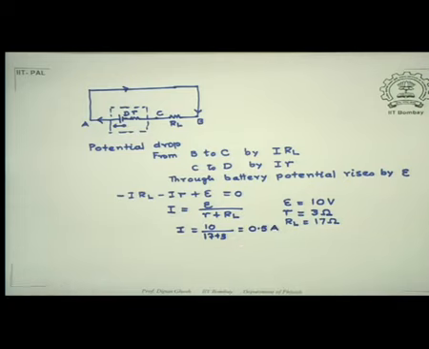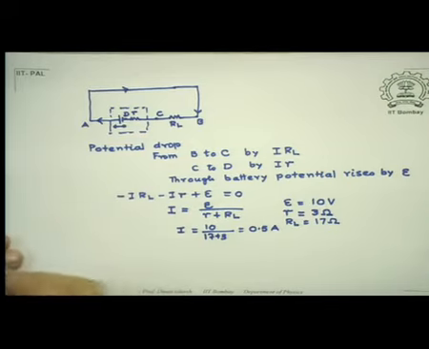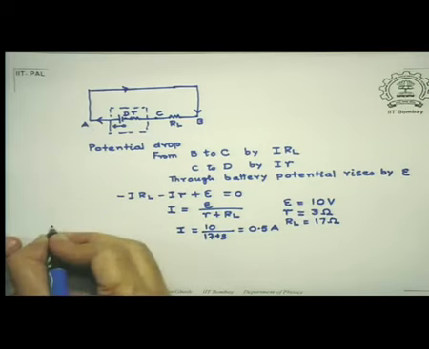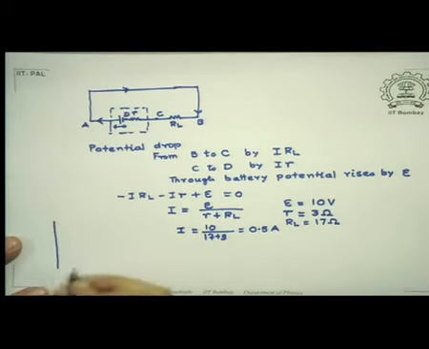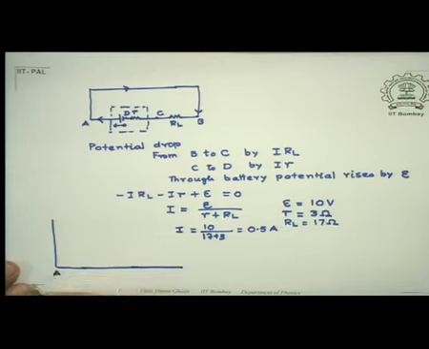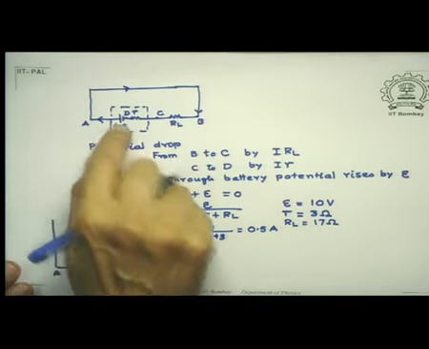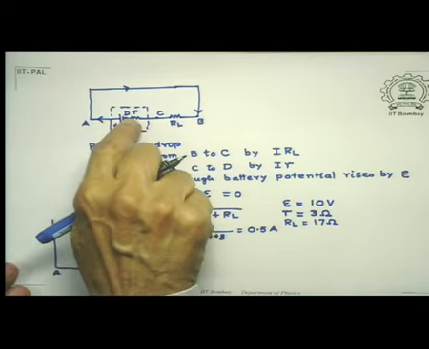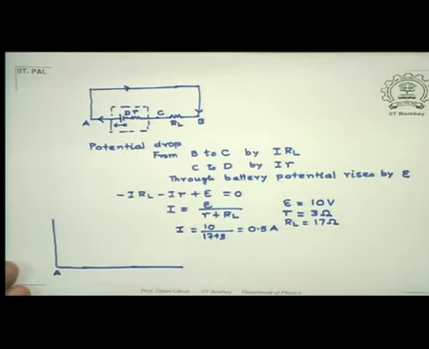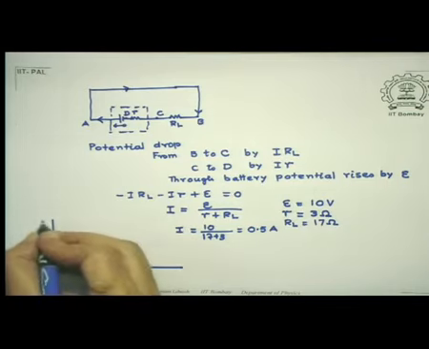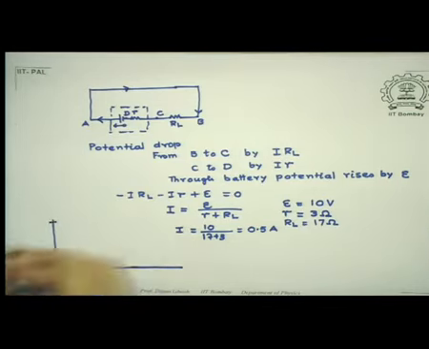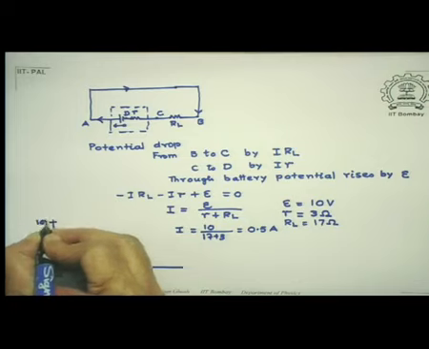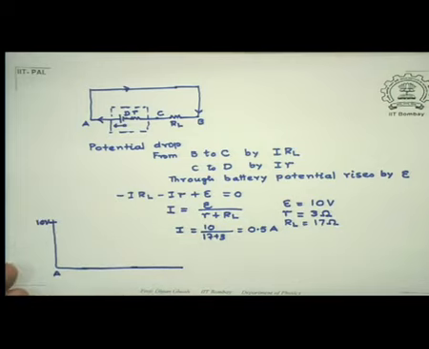Now let's look at how the potential changes. Suppose I am going from A to B. Since we have already seen how the potential varies, start at the point A and let me look at the potential at various points D, C and B. So I start with the point A, which is obviously at a 10 volt potential.